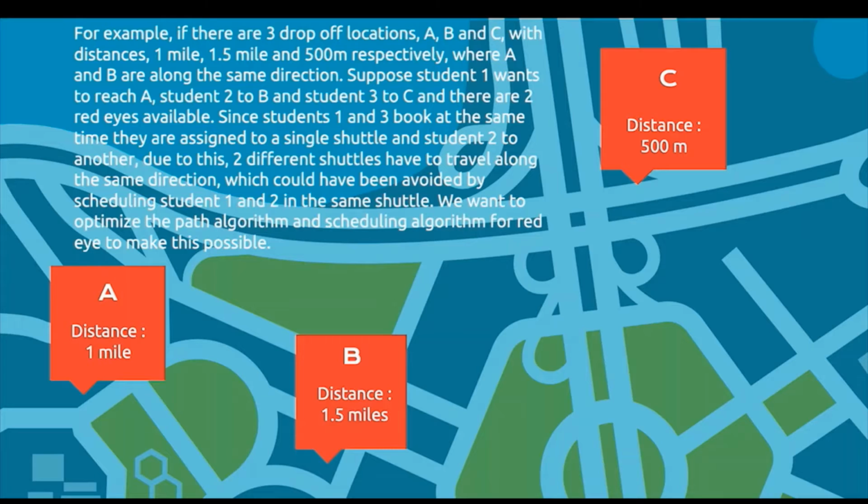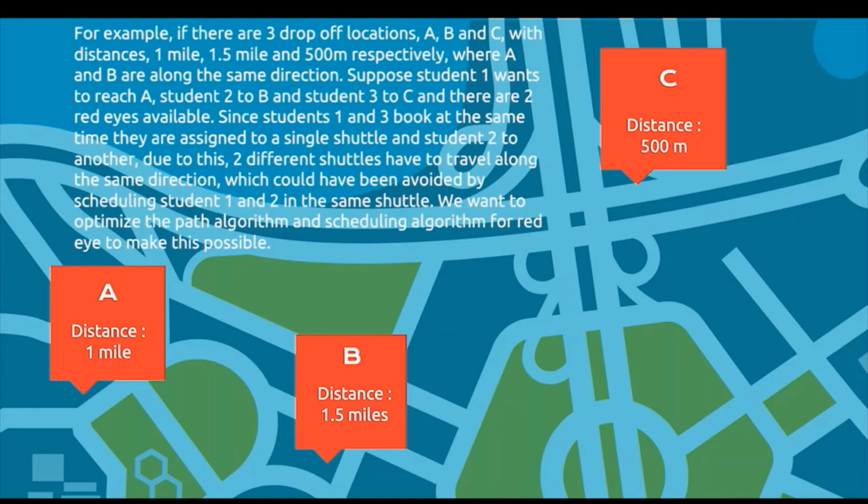For example, from the given diagram, if there are 3 drop-off locations A, B, and C with distances 1 mile, 1.5 miles, and 500 meters respectively, where A and B are along the same direction, suppose student 1 wants to reach A, student 2 wants to reach B, and student 3 wants to reach C, and there are 2 Red Eyes available.